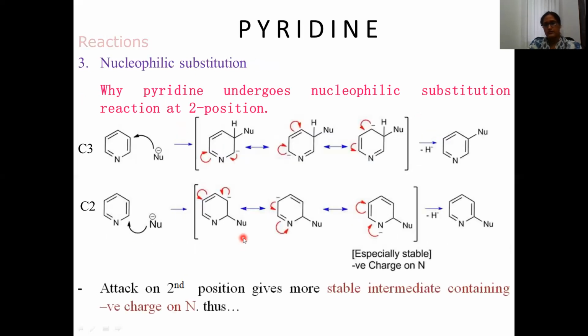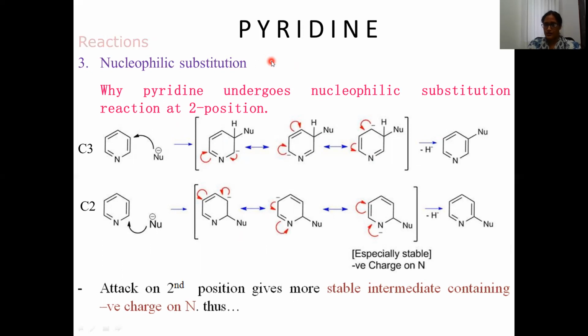Now, another reaction which is possible in the pyridine molecule is nucleophilic substitution. These molecules are very important, as they undergo both types of substitution reactions, electrophilic substitution and nucleophilic substitution.